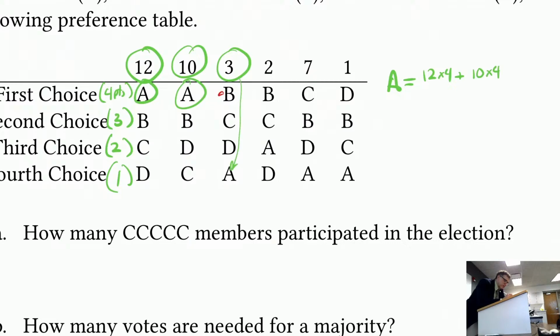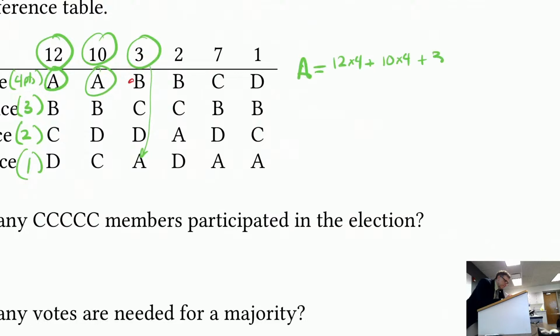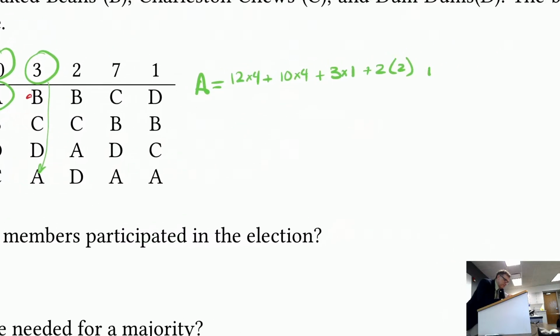Those 3 voters, 3 times 1, because each of those 3 voters gives A just 1 point. And then 2 voters give A 2 points. And then you have 7 voters giving A 1 point and 1 voter with 1 point. Anyway, I would add that up and do the same thing for B and C and D, and whoever has the largest, the highest score would win.